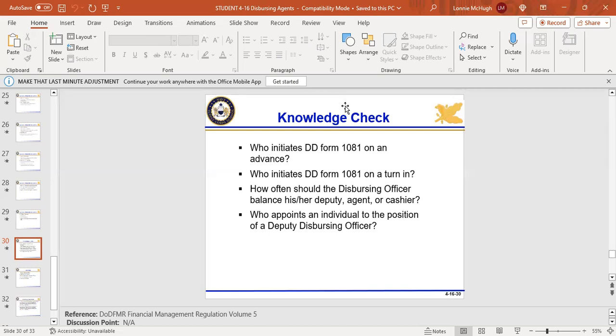So your Charlie and Echo are the aggregate, your total columns for your Bravo and Delta. So again, our balance forward is our previous day's line 12 from the 1081.